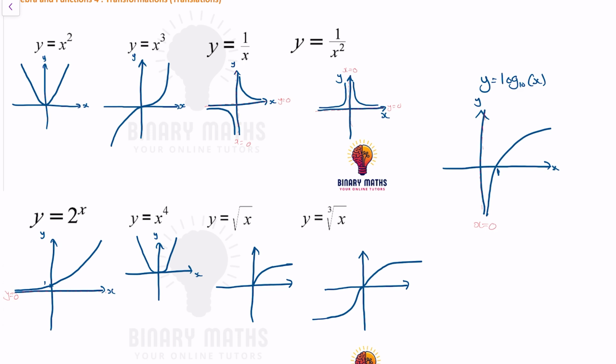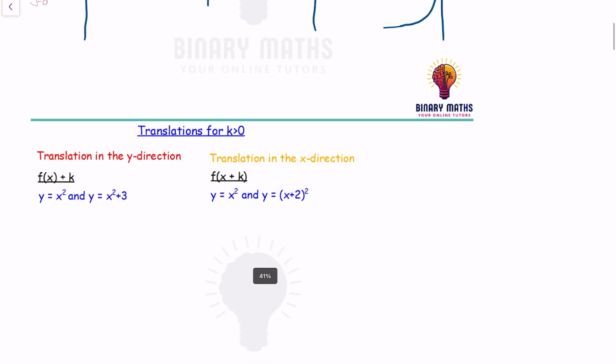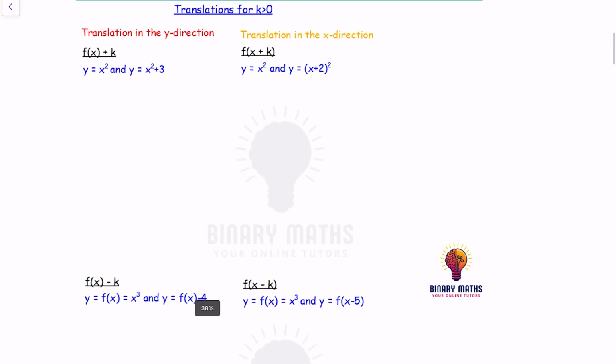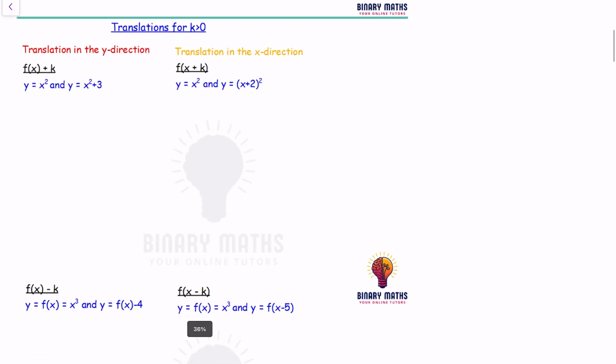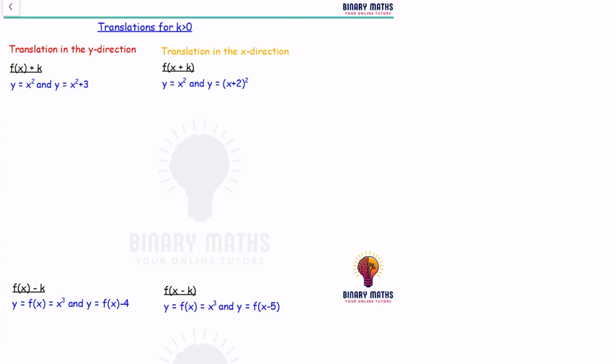Okay, let's look at all the translations, different versions you can have. So you can obviously have translations for k greater than 0. So let's look at the cases where k is greater than 0. You can have translations in the y direction or translations in the x direction. Now, if you look at the translation in the y direction, you see the constant k is after the f of x, yeah?